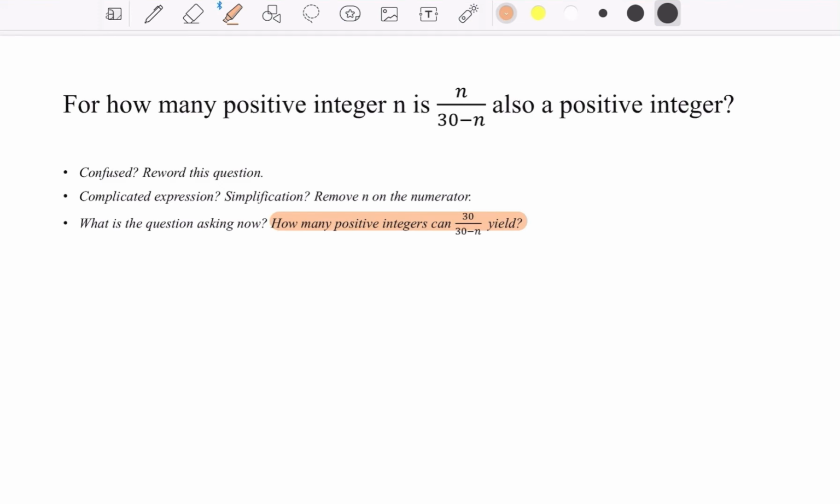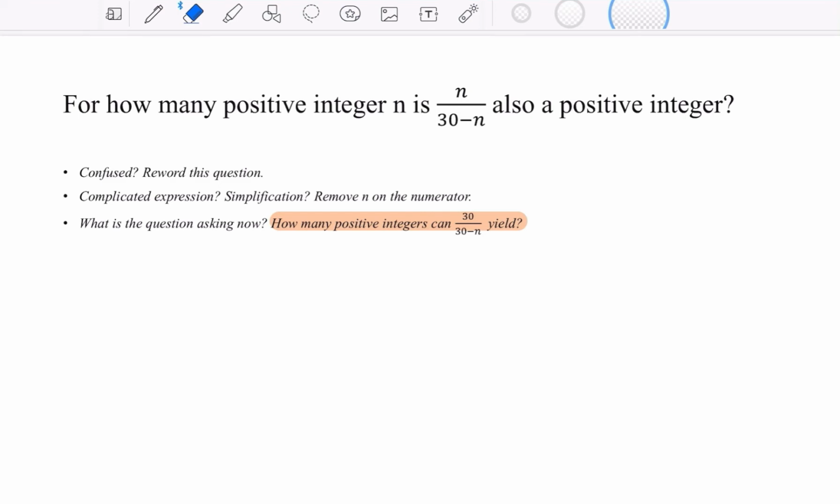Either way. Now look at the expression again. We see that n is a changing value. Why do I say that? Because 30 minus n is in the position of denominator, and 30 is in the position of numerator.